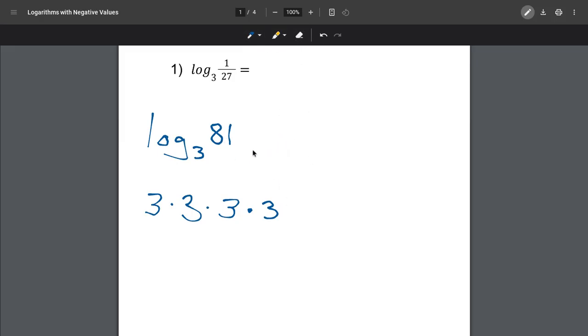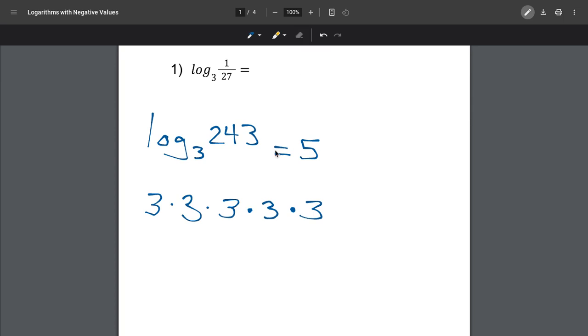Let's do log base 3 of 243. I've got 81 so far. If I multiply by 3 again, that's 5 threes, which multiplies to 243. So this logarithm evaluates to 5.